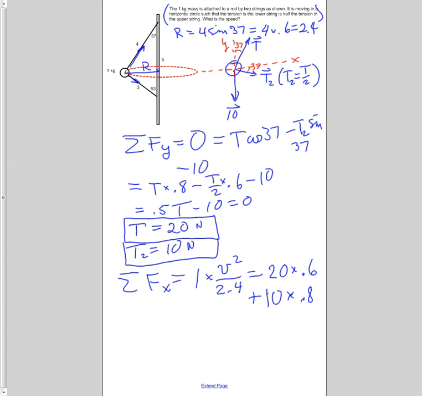So doing our arithmetic, we've got 12 and 8 is 20. And so v is equal to the square root of 48, just a little bit less than 7, 6.93 meters per second. That's it.